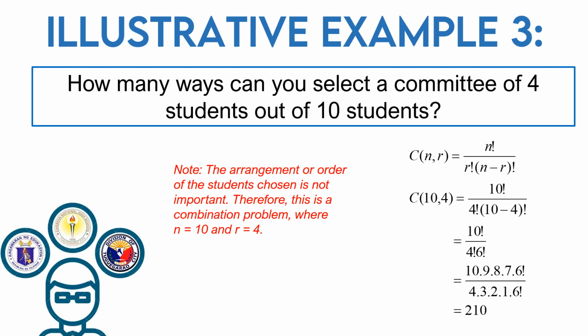When expanded, this gives us 10 times 9 times 8 times 7 times 6 factorial all over 4 times 3 times 2 times 1 times 6 factorial. 6 factorial and 6 factorial cancel out, leaving us 10 times 9 times 8 times 7 all over 4 times 3 times 2 times 1, which when simplified gives an answer of 210.